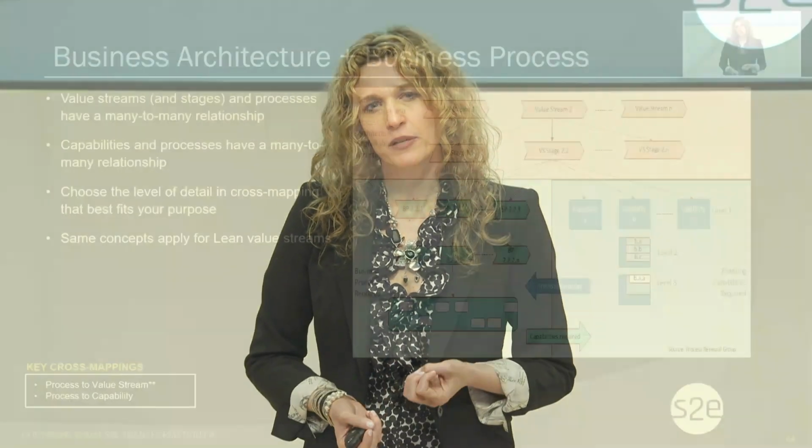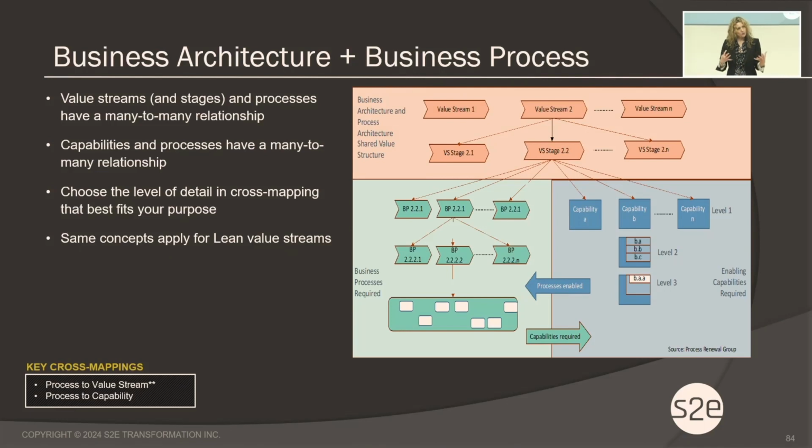So just a quick view here, and over the years we've been working to do alignment between business architecture and business process at the Guild. One of the big realizations was that value streams do knit us together. From a business architecture perspective, as you see on the right-hand side there, we look at value stream stages as collections of capabilities.